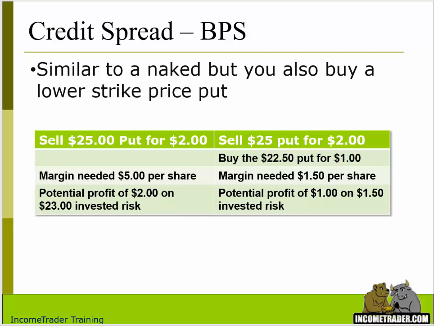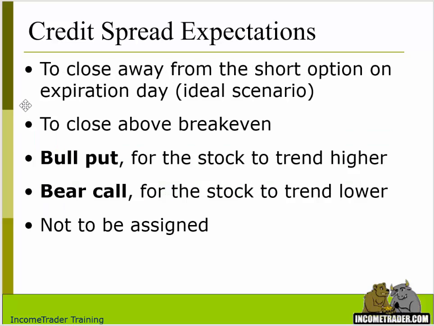So in a credit spread, what we're looking for is we'd like the stock to stay away from the strike price you sold. On a bull put spread, we would like the stock to trend higher and move away ultimately from the strike price that we sold here. We'd like the stock to close away from our break-even price, and I'll get into that in just a moment.